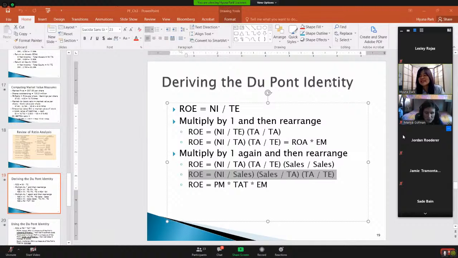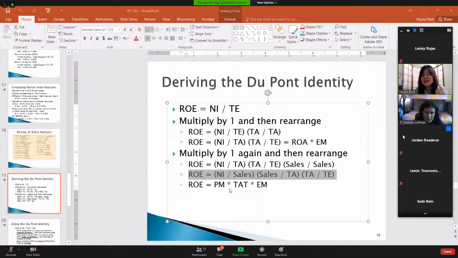So that means, how can a company increase its return on equity? There are three ways. How? Either increasing profit margin by increasing the profitability of its operation, or increasing total asset turnover by improving the asset utilization of the company.